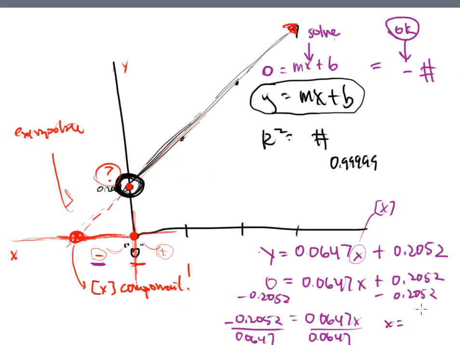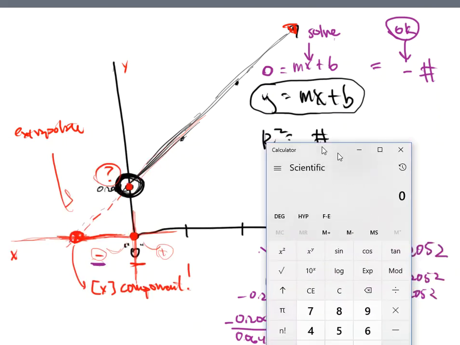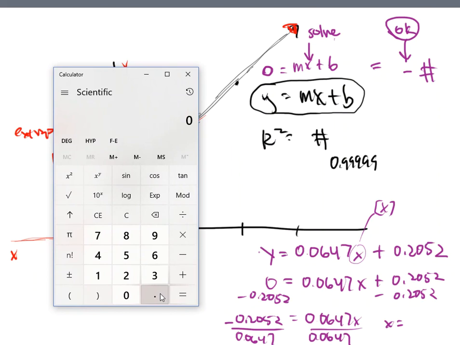And x is equal to, well, let me pull up a calculator. 0.2052, I'm going to change that to negative, divided by 0.0647. I hit enter, and that gives me negative 3.17.